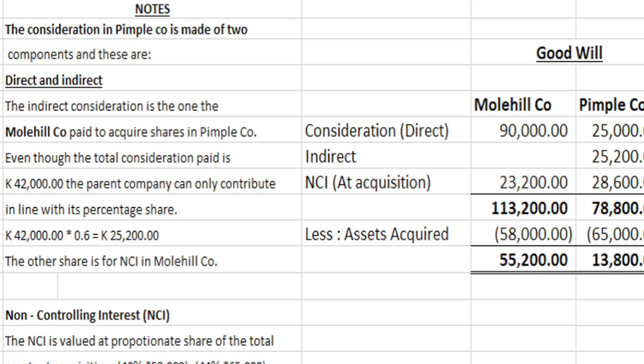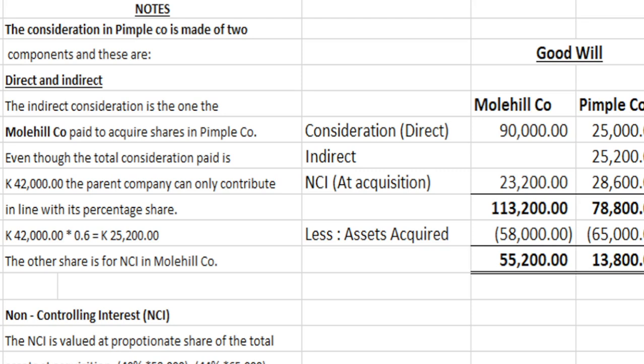This was the direct consideration, and the direct consideration paid to Pimple Company by Hope Company to acquire shares was 25,000 kwacha. There is also this indirect consideration, which is 25,200 kwacha.